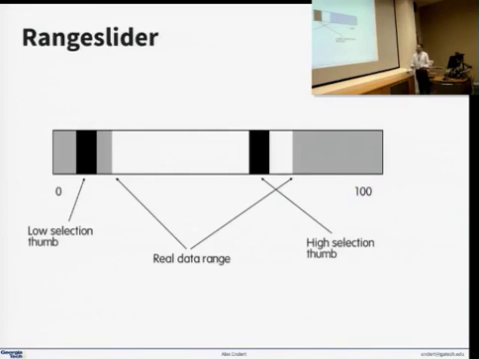Embedded in that was this idea of the range slider, right? And this is a particular kind of slider where we actually encode a bit of the data characteristics into the interactive graphical widget, right? So we don't just give users a slider that says, please go from 0 to 100, let's just say bedrooms.